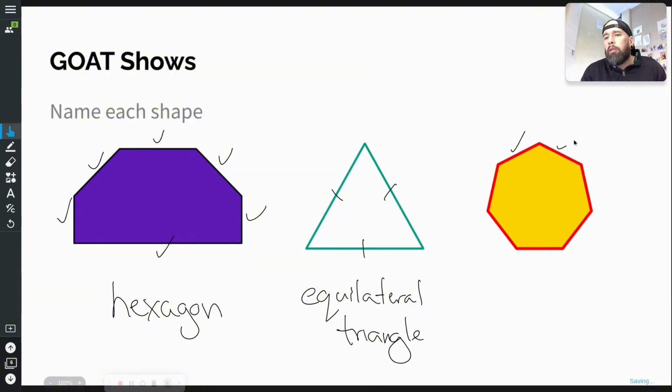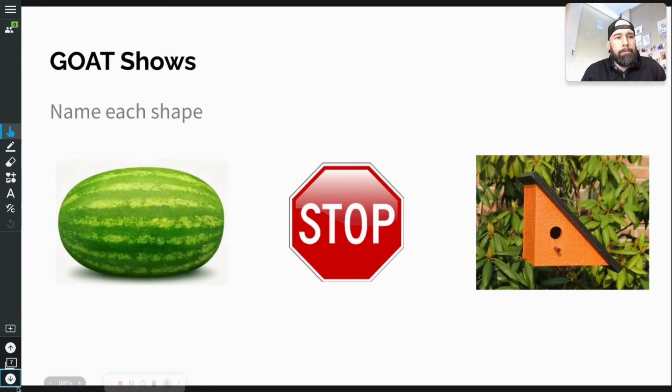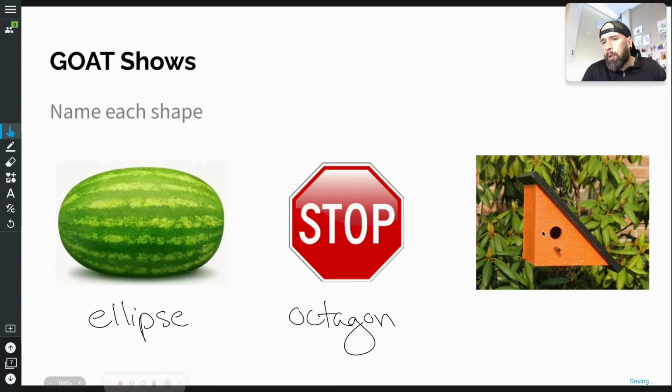You have 1, 2, 3, 4, 5, 6, 7 sides, so you're a heptagon. Okay. More naming each shape. You appear to be an ellipse. You're an octagon.